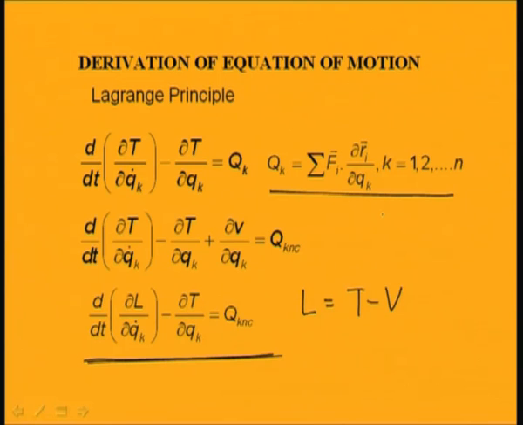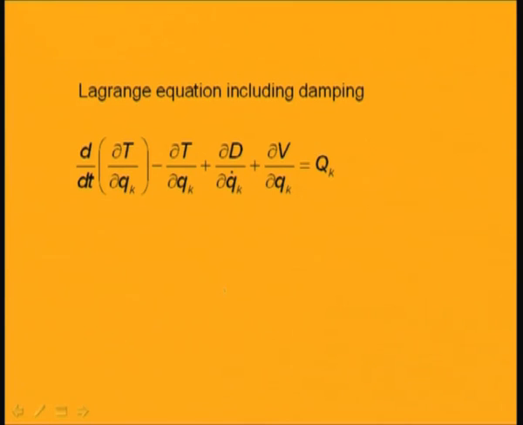In this 2 degree of freedom system, k will be either 1 or 2, and using this formula you can find the generalized forces. For a system with damping you can use the dissipation energy D, and using this you can find the equation of motion.